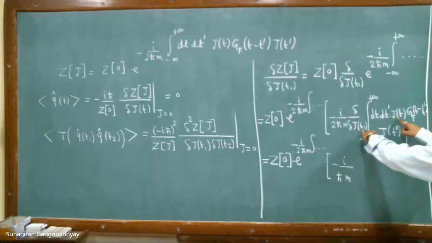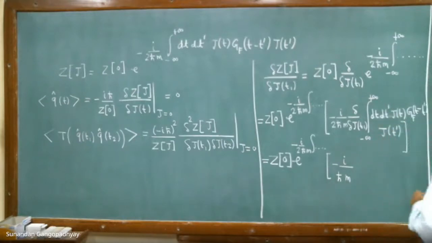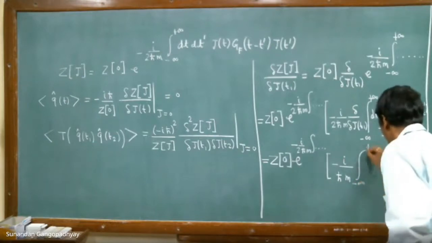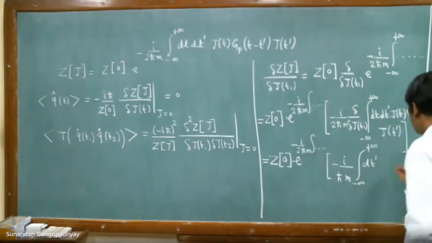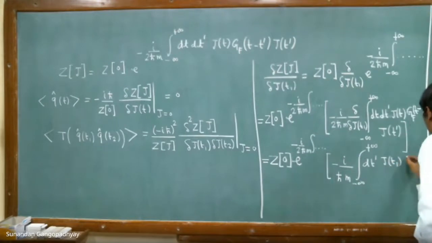So the delta t minus t1 will perform the integration over t, and all this t will get replaced by t1, and there will be an integral over t prime. We will have dt prime, J t prime, G F t1 minus t prime. Okay.